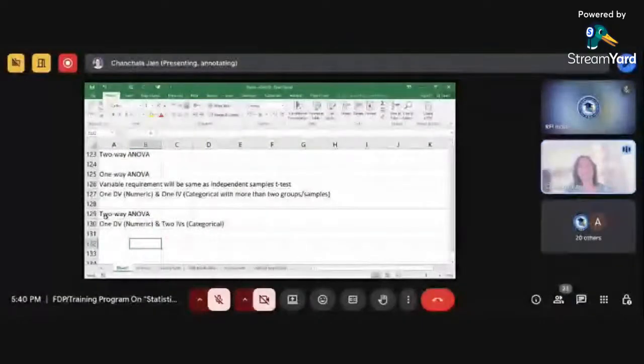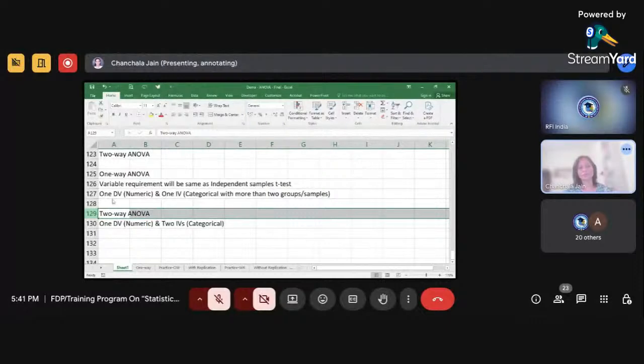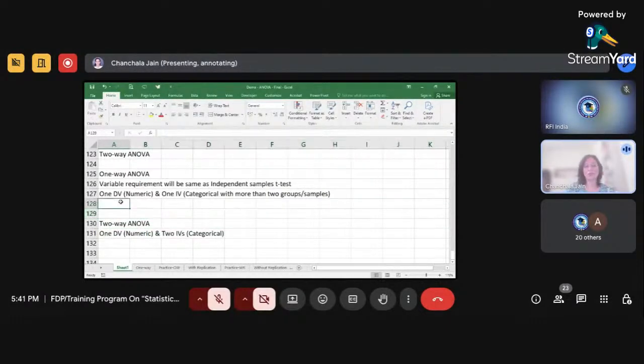So this is the variable requirement of two-way ANOVA. In case of one-way ANOVA, you need to only formulate one hypothesis, that is one null hypothesis. The nature of the hypothesis will be the same as in the independent samples t-test.